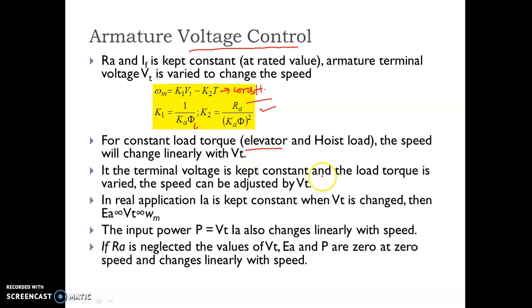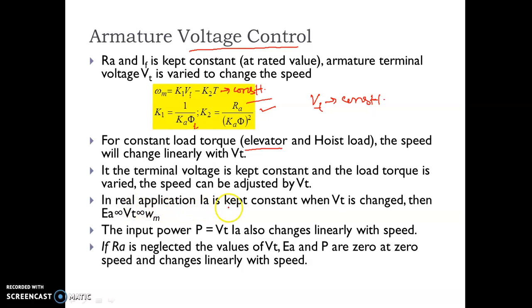From this equation, another condition may be that the terminal voltage Vt is kept constant and the load torque is varied. The speed can also be adjusted by Vt.